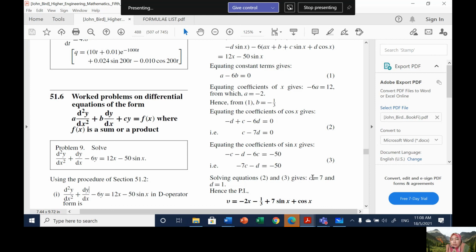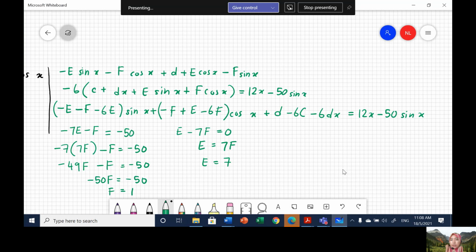It's just the symbol is a bit different. 1 and 7. Okay, let's proceed here.